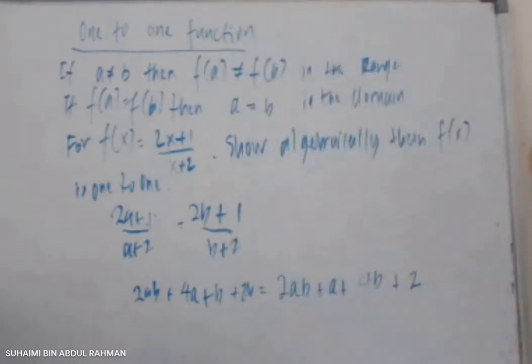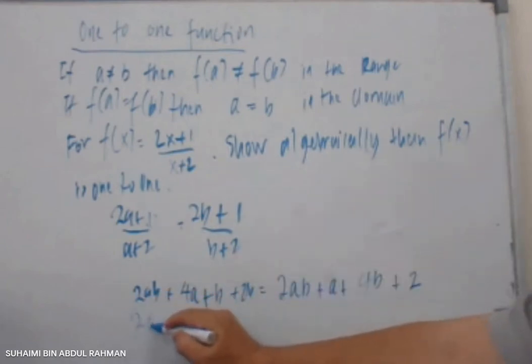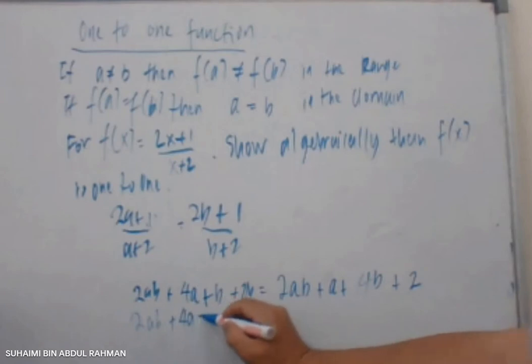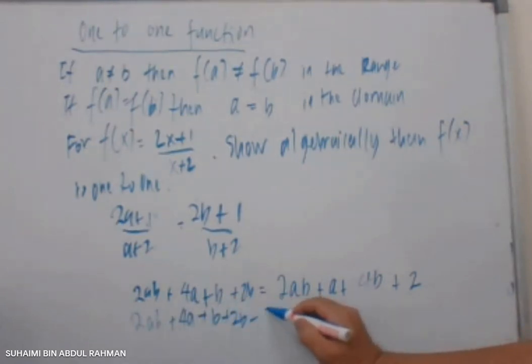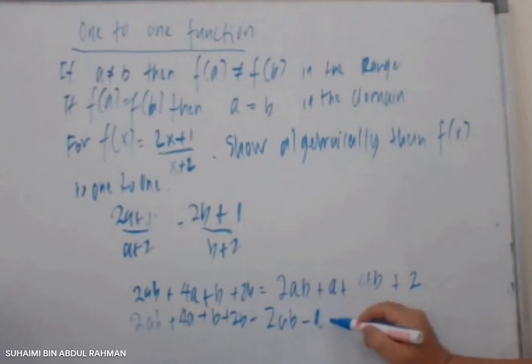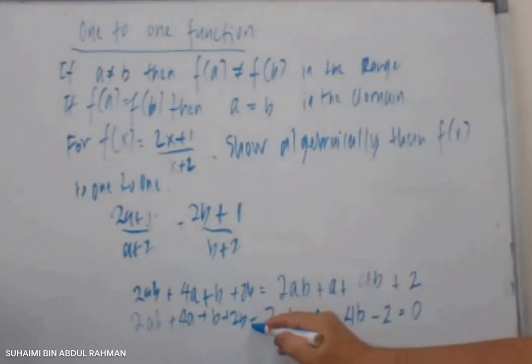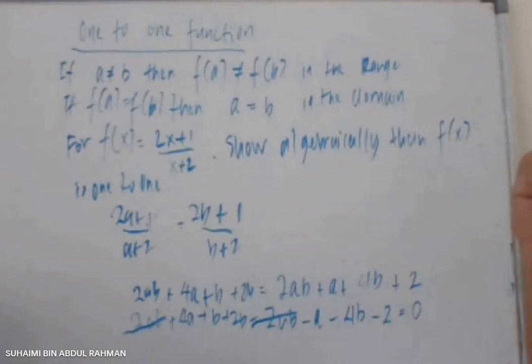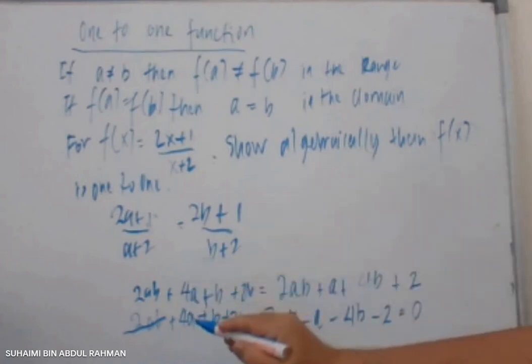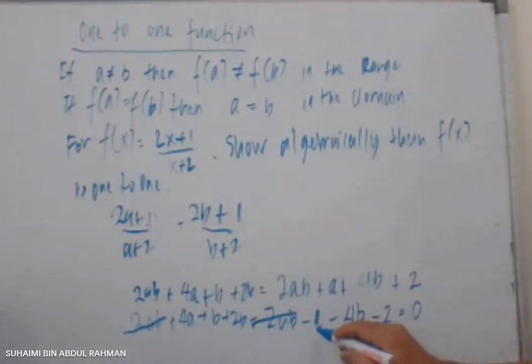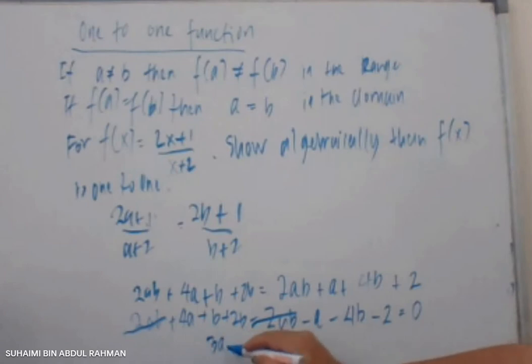Then 2AB plus 4A plus B plus 2B minus 2AB minus A minus 4B minus 2 equals 0, by bringing all those into the left hand side. So 2AB and 2AB cancel.